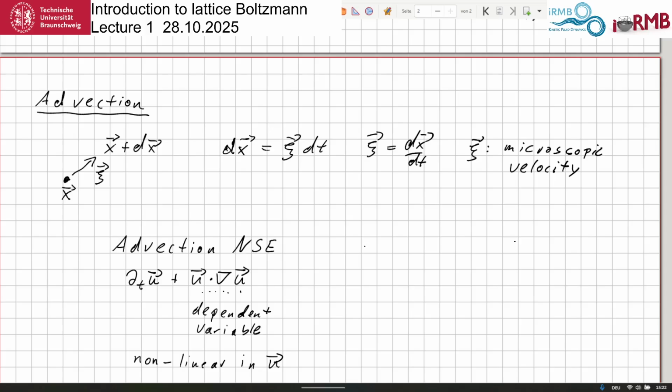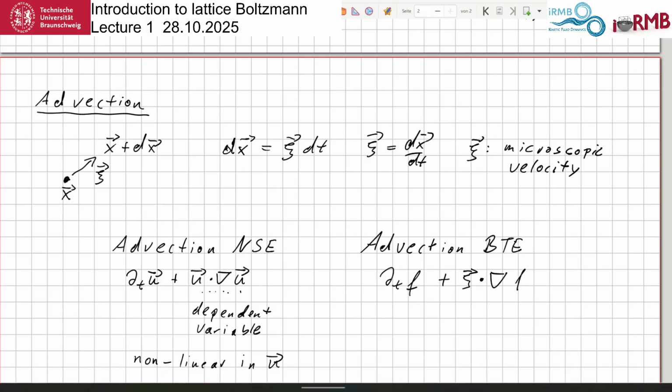Okay, the Boltzmann equation. The Boltzmann equation, we see, is describing the same thing, but it's a bit different. So we have dt f, differential t f, and here comes xi. So xi is also a velocity, like u. So it's driven by velocity.